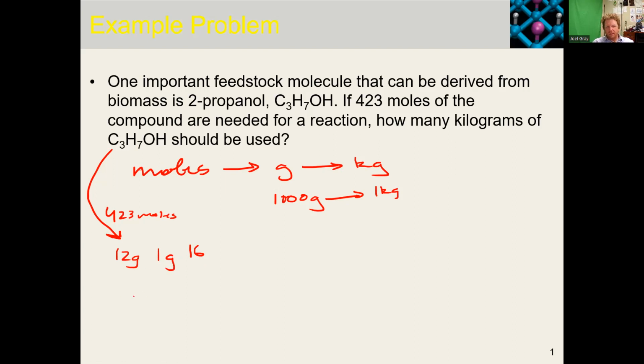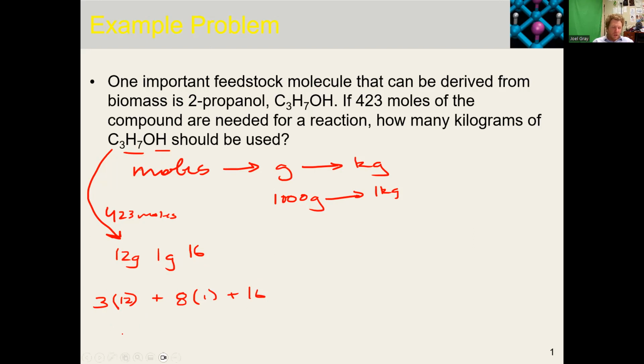So how many carbons do we have in this compound, C3H7OH? We've got 3 carbons, so we multiply 3 by 12. To that, we add the hydrogens, a total of 8: there's 7 and then 1 more, so 8 times 1. To that, we then add 16.